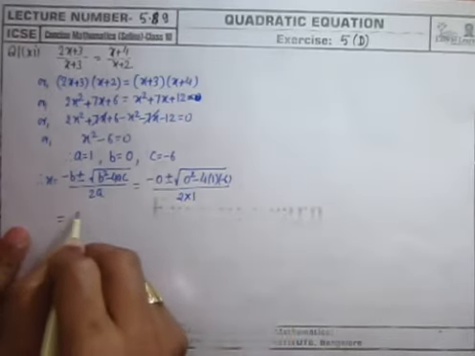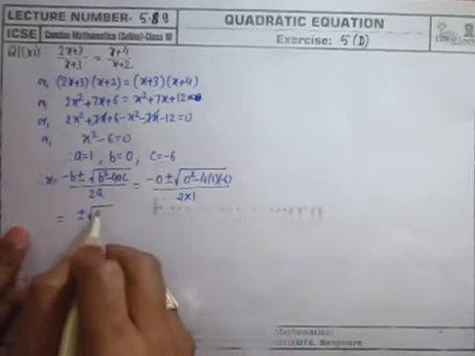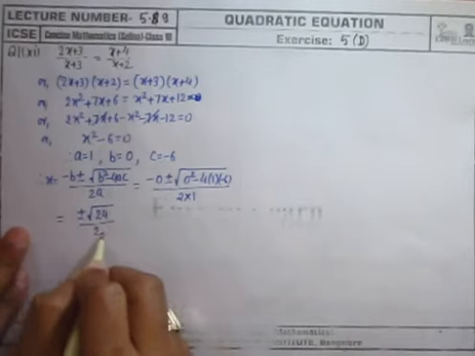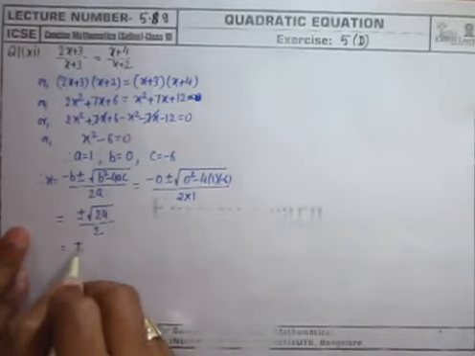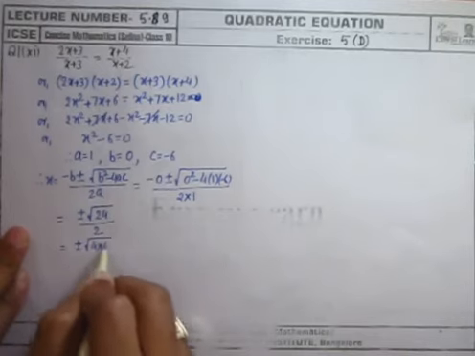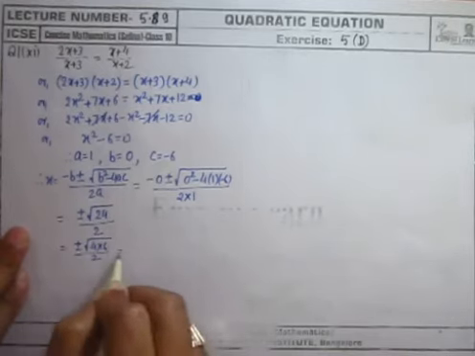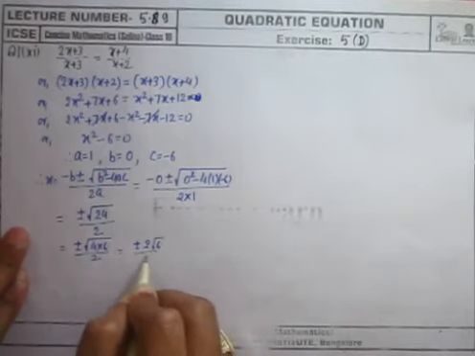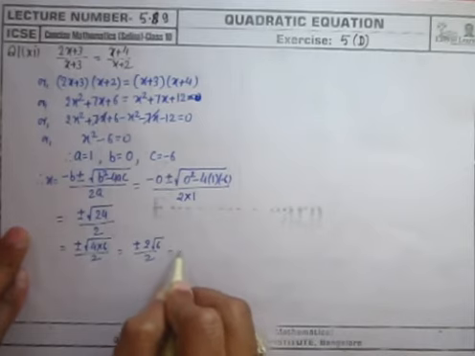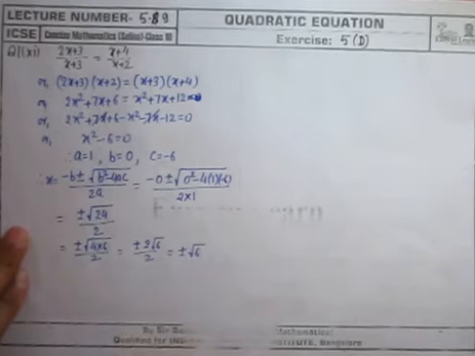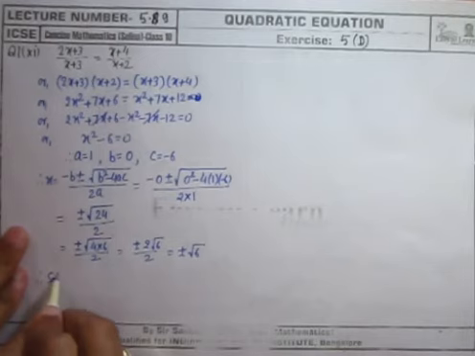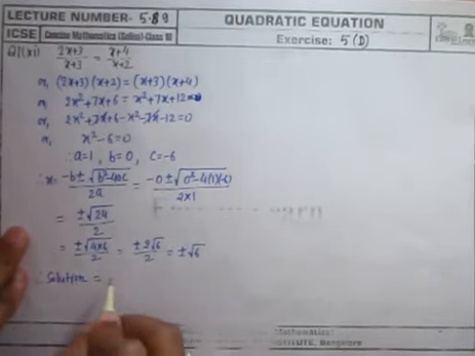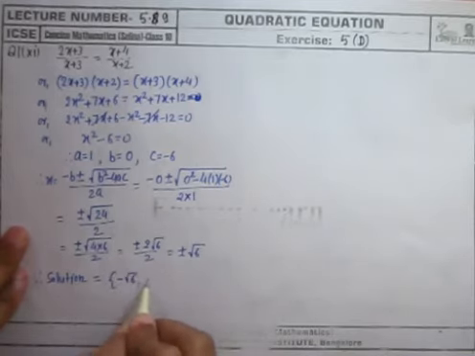So it will be ± √24 / 2. Now 24 can be written as 4 into 6, so ± 2√6 / 2. So the answer is ±√6. The solution set is {-√6, +√6}.